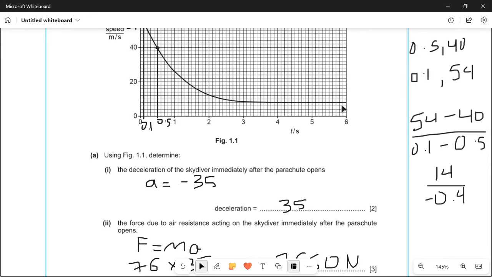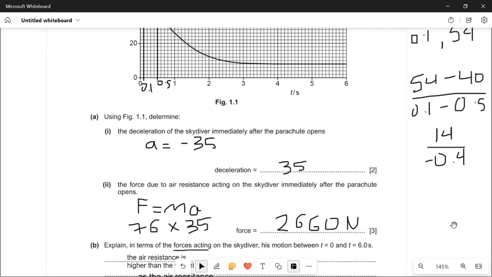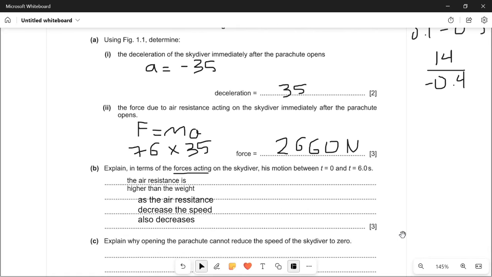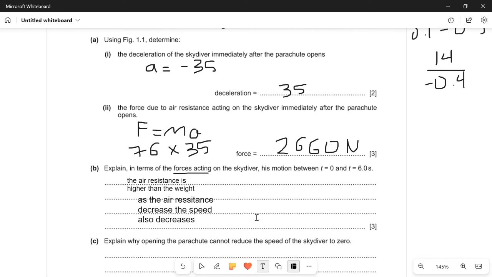So that means there is no resultant force. So the weight of the object acting downwards is equal to the air resistance. That's why the object is moving at a constant speed. So we can write no resultant force as our third point. So these are our 3 points.